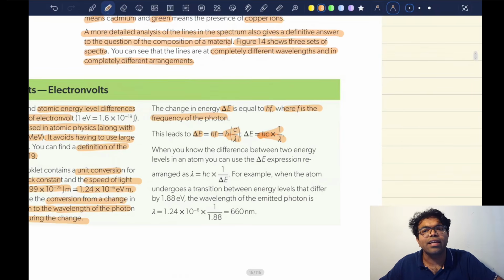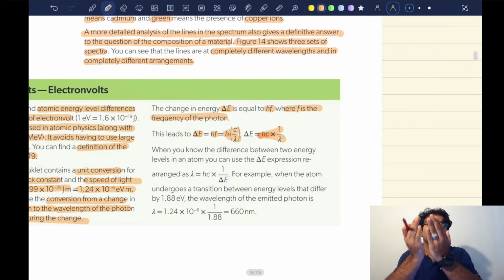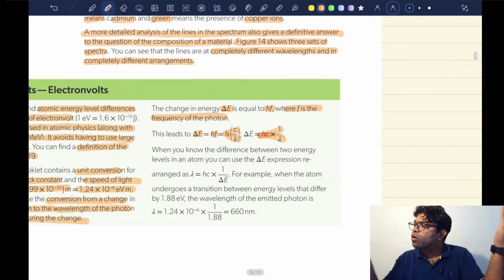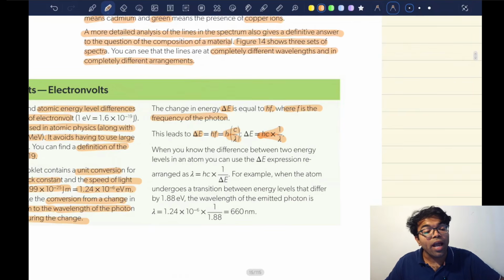Now, this radiation, when it was absorbed, you need to know what the energy level is. So you look at the spectroscope and you see, oh, 520 nanometers of this radiation was absorbed. You got the wavelength.